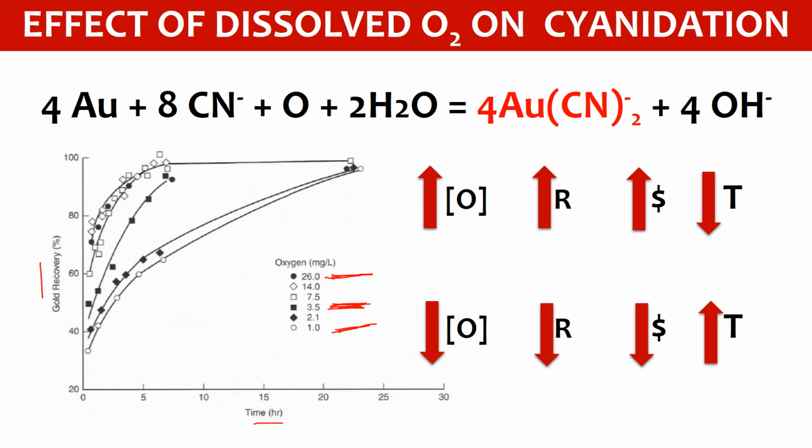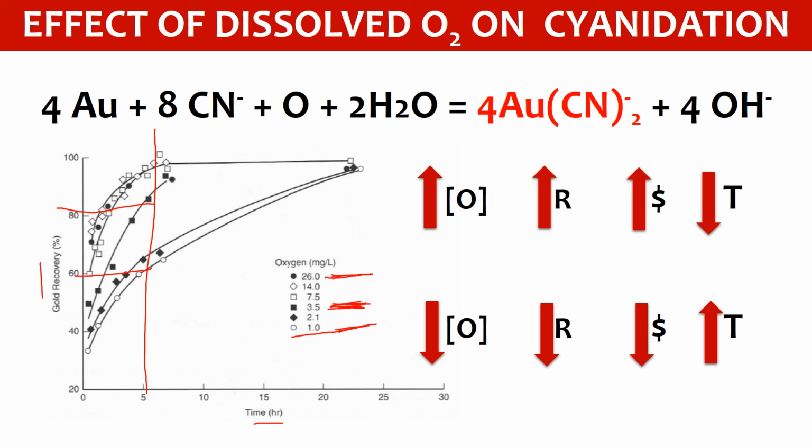Now, if we take a time of around 5 hours here, we can see that at 1.0 milligrams you've got about 60% recovery. At 3.5 milligrams, your square, you have maybe 80% plus recovery.